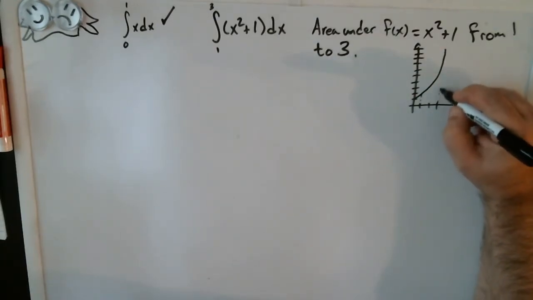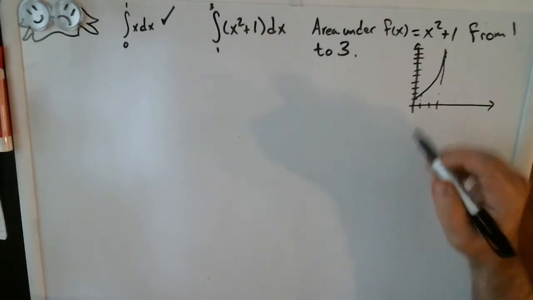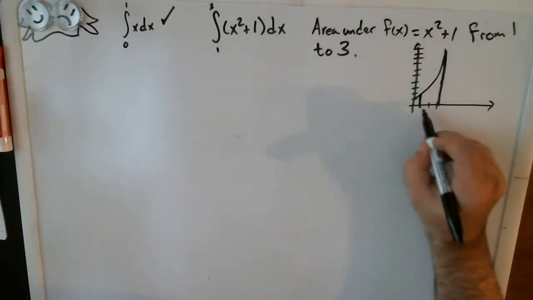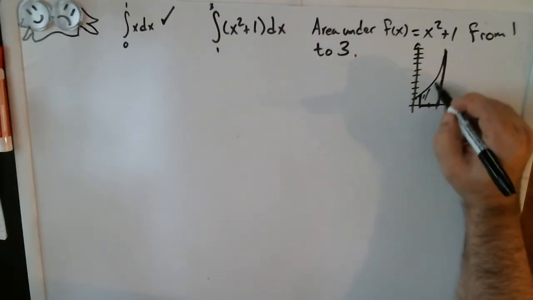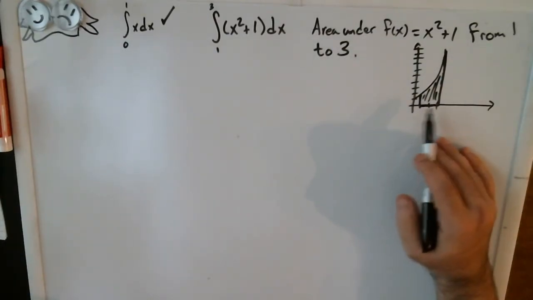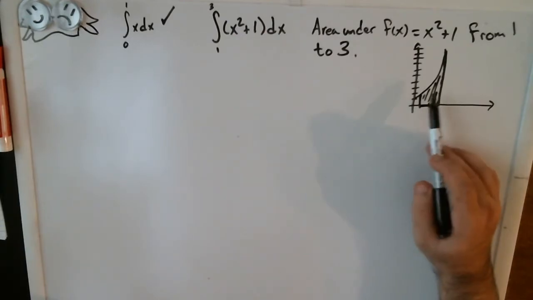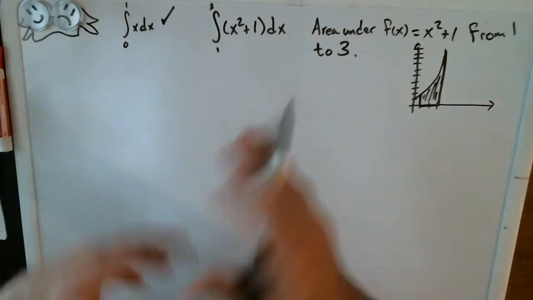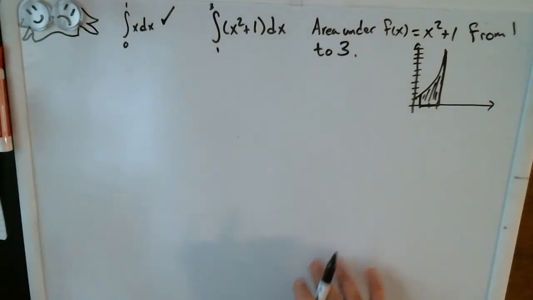And I'm calculating that area here. So if I just kind of make those lines solid, I'm calculating the area inside this object. I don't know any nice geometric form which would give me that area. You probably don't either. So we're going to resort to this method that we've been working with.